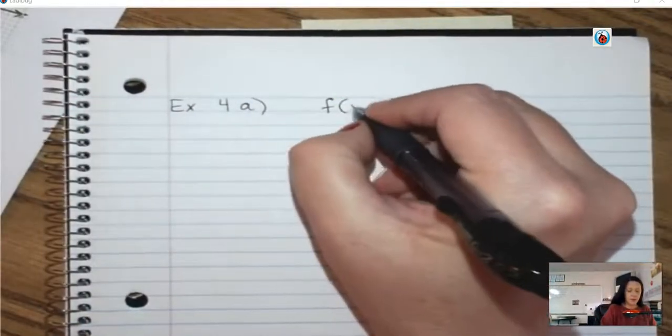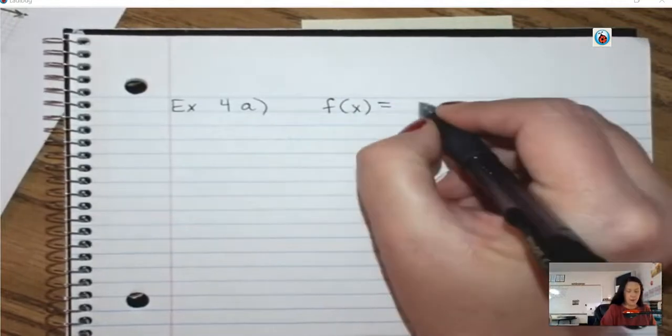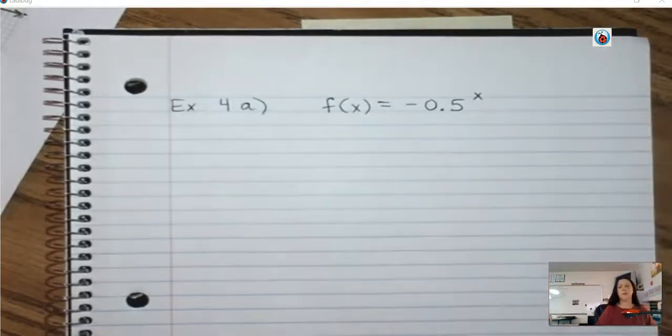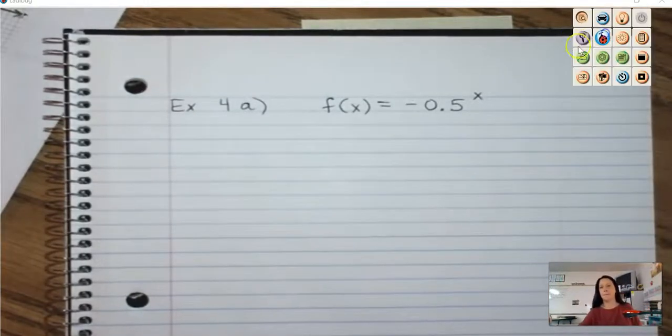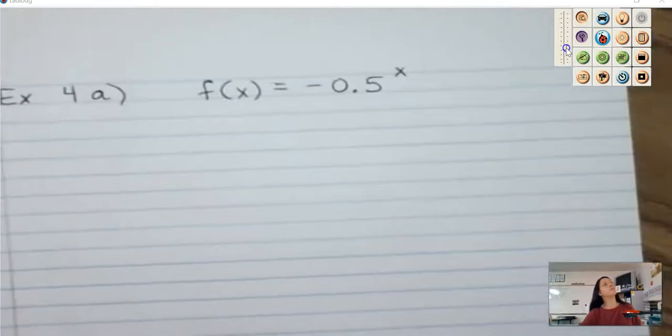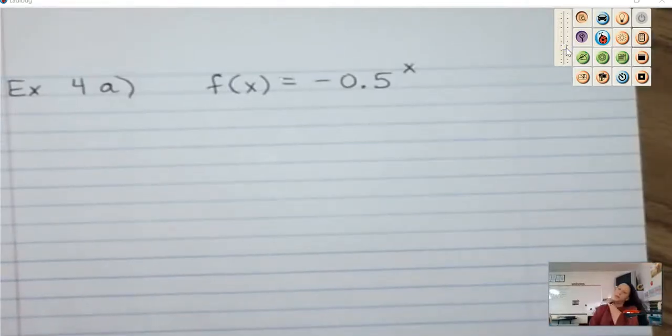Our first equation is f of x equals negative 0.5 to the x power. Just like yesterday, we're going to be looking for the a value, the b value, the y-intercept, and then the end behavior. Okay, first I want you to graph this.